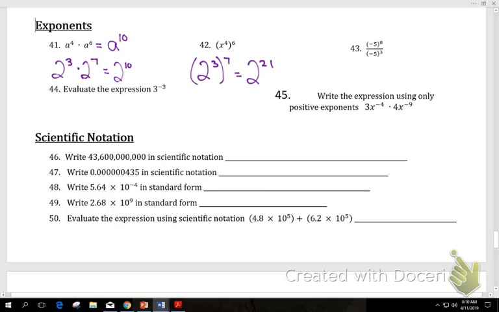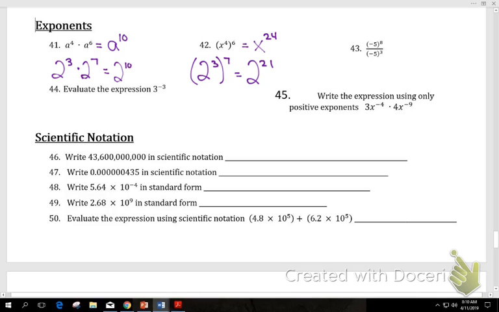So, Ashley, what would number 42 be? No, number 42. So, we go power of powers. So, what would I get for number 42? Jeremiah? X to the 24th power. Very good.